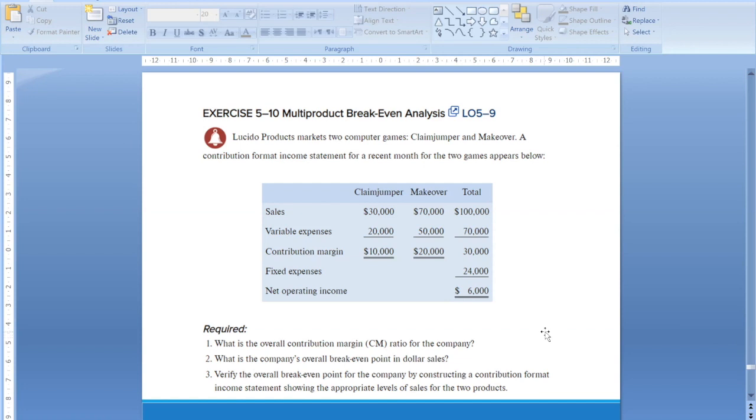Verify the overall break-even point for the company by constructing a contribution format income statement showing appropriate levels of sales for the two products. Now, we need to prepare the same income statement, but for the new sales, which is 80,000, which gives you a net operating income of 0. Why? Because we're talking about break-even.